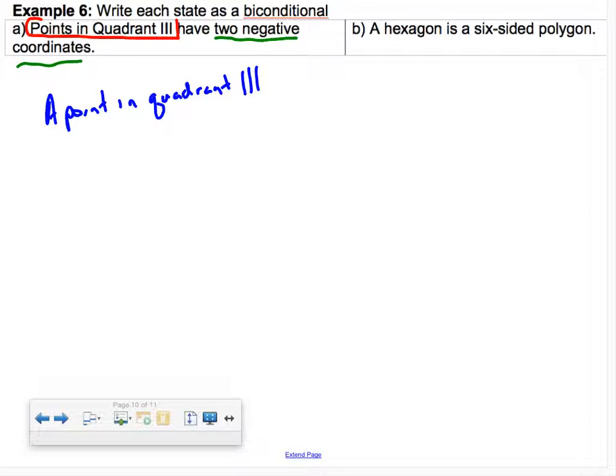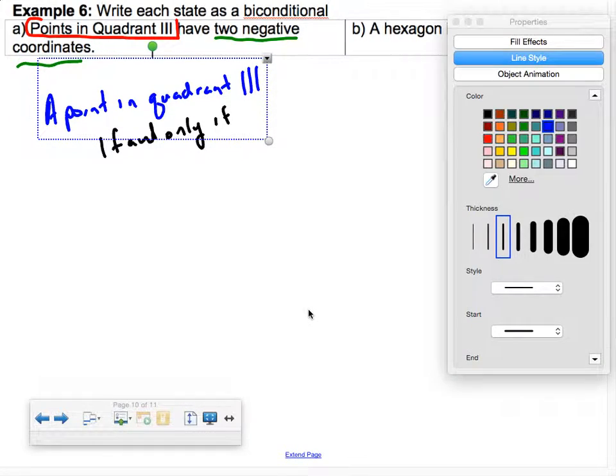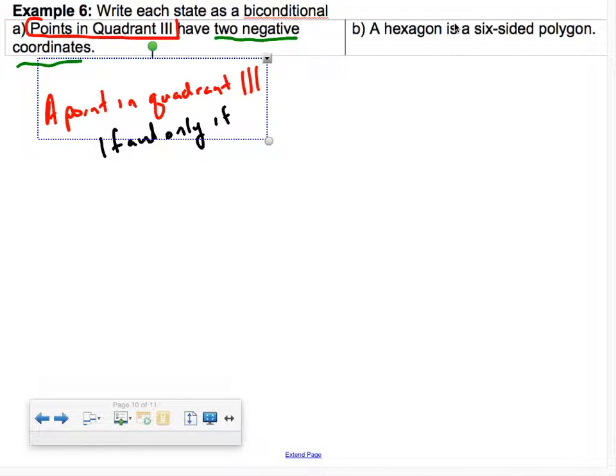So, if and only if, I'm going to color code this properly, if and only if a point has 2 negative coordinates.